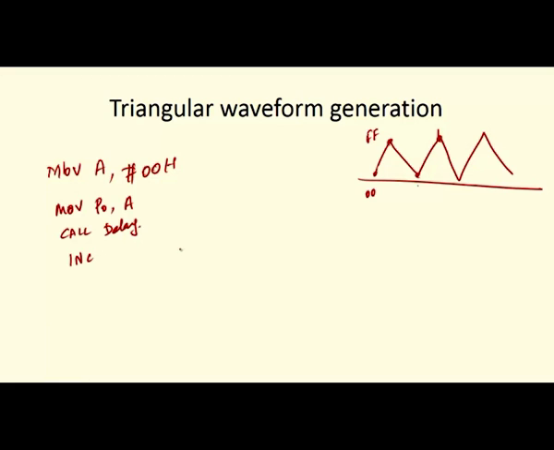Then increase the accumulator value. Starting to increase your accumulator value, 00 becomes 1, 2, 3, up to how much? Up to FFH. So, I will use compare and jump if not equal, CJNE, with the accumulator and the FF value.